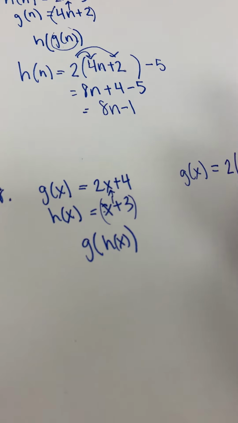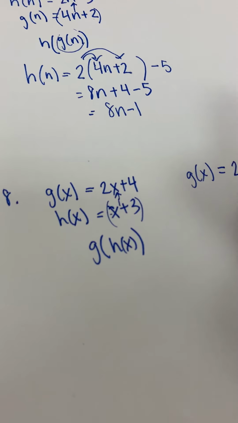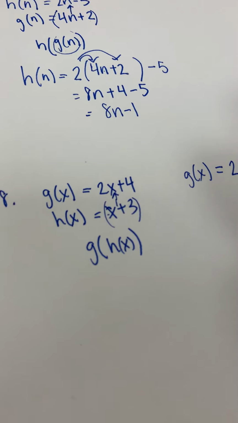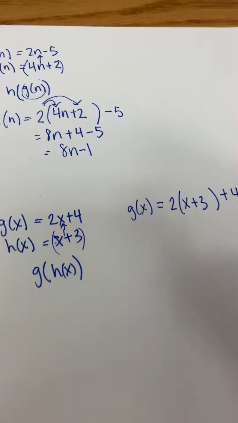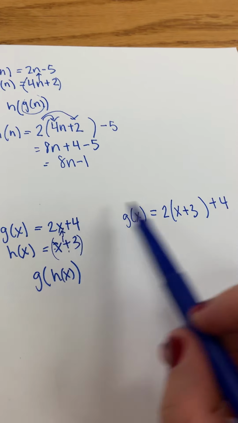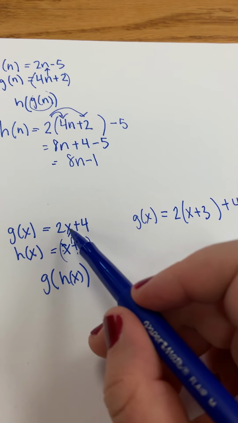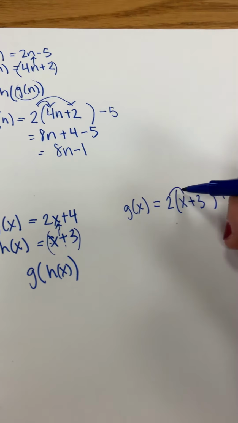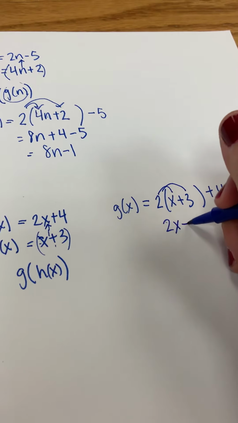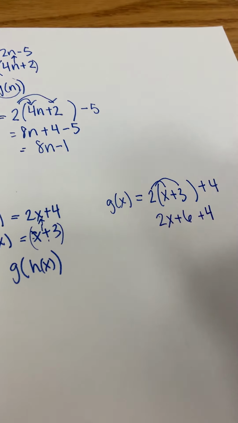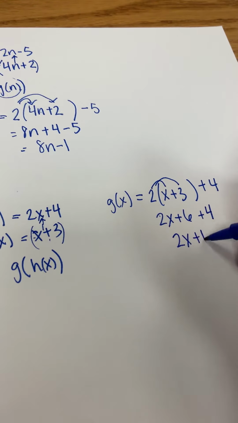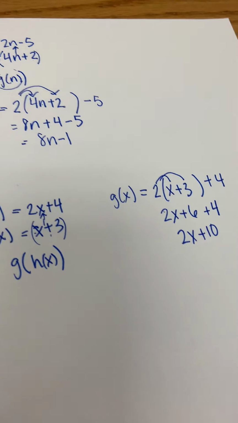Wherever you see an x, I'm going to plug in x plus 3 and add 4. So I'm going to distribute: 2x plus 6 plus 4. So 2x plus 10 is my final answer.